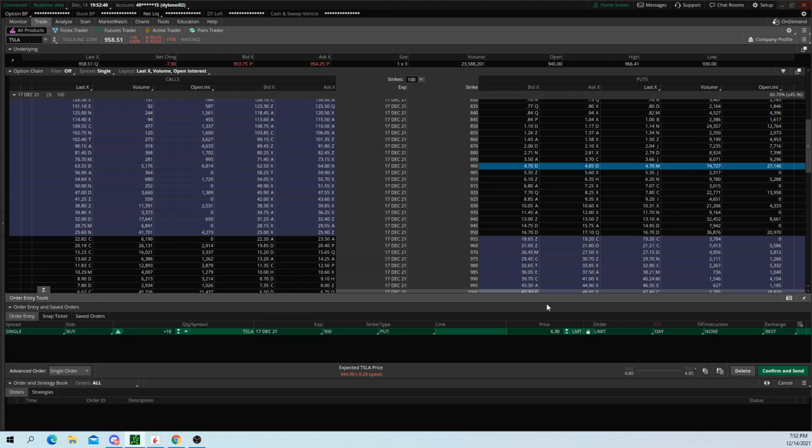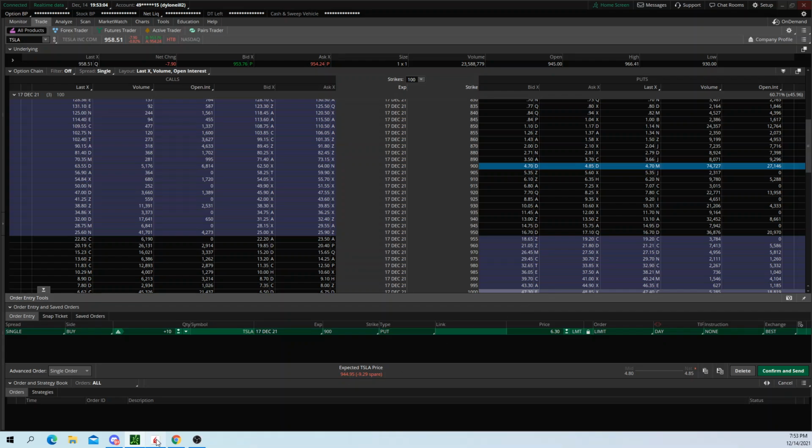I recommend using limit orders for any spreads that are more than, say, 9 cents, 10 cents. Like I said, we can assume that the 900 strike puts will be around $6.30 by the time our entry point triggers.